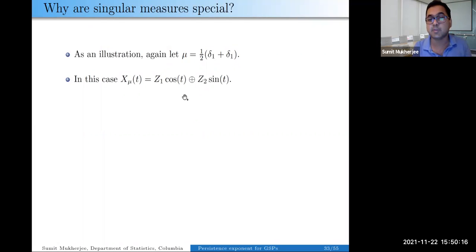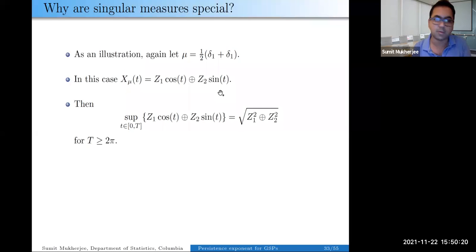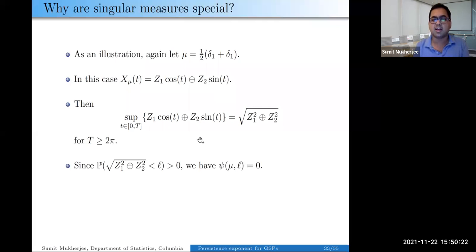In this case, x mu is z1 cos t plus z2 sin t, same as before. Then your supremum is the same as before. Your exponent: this persistence happens always, because now L is positive. The small ball event happens always. Your exponent is always 0. So this captures the fact that the small ball exponent is always 0.